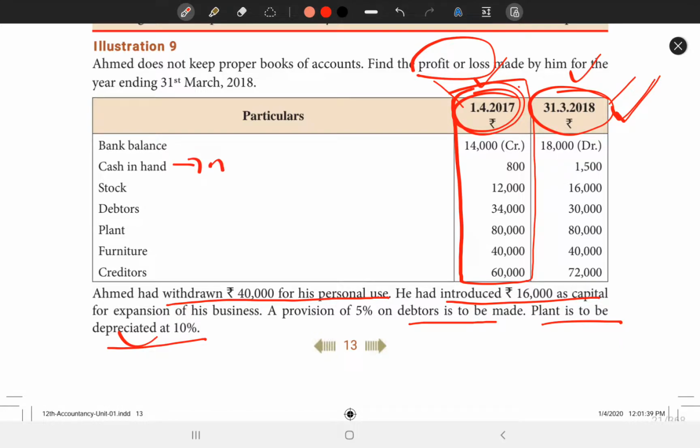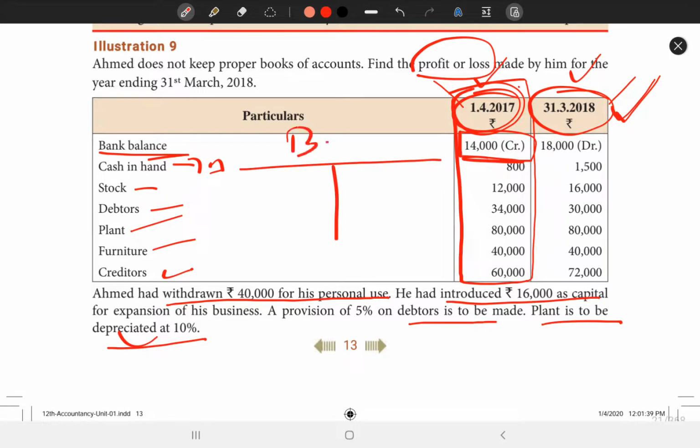Cash in hand is an asset, stock is an asset, debtors are an asset, creditors are a liability, and bank balance is given as CR. Okay, you have to be careful here. I am not talking about opening a bank account; I am telling you like in accounts we prepare a cash account, an asset account, like that.